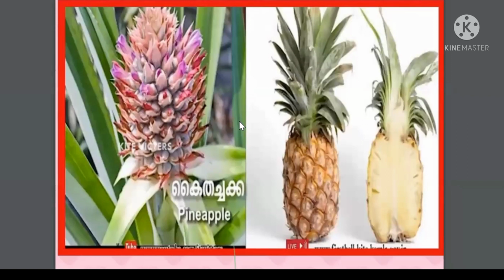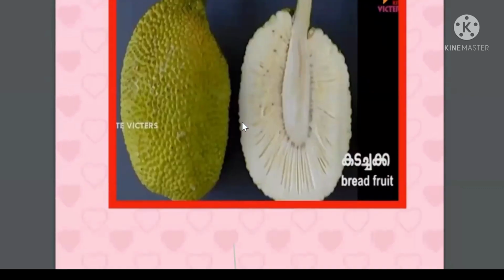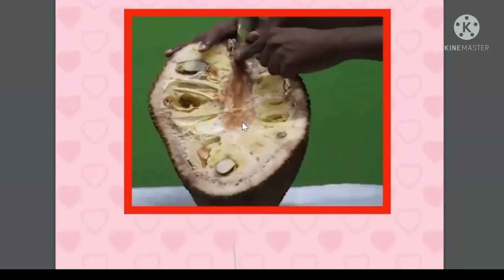See, in the case of this jackfruit, this is formed from a number of small flowers. And it is covered with a common envelope.